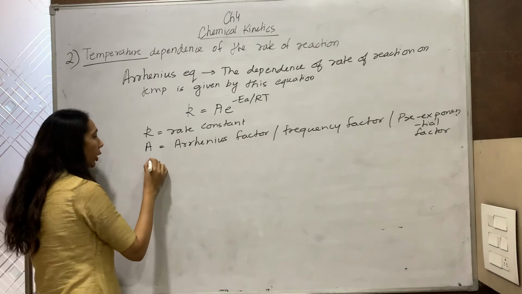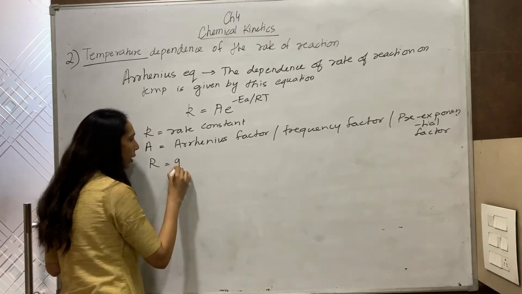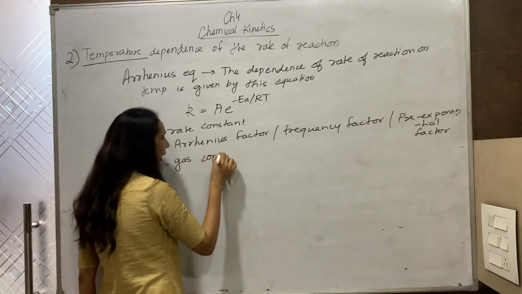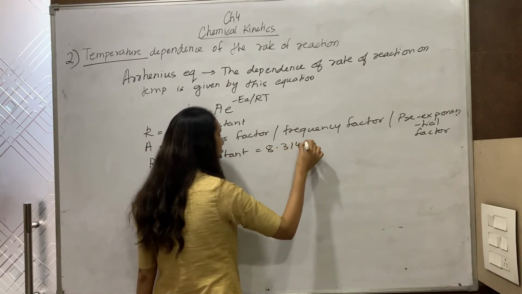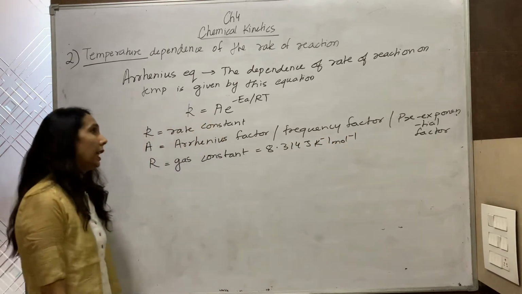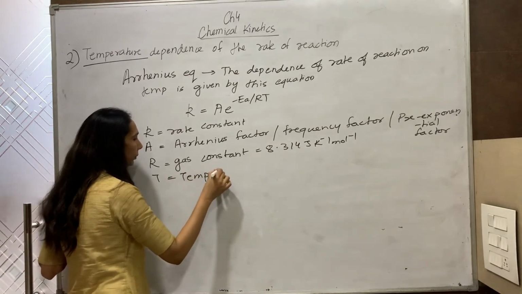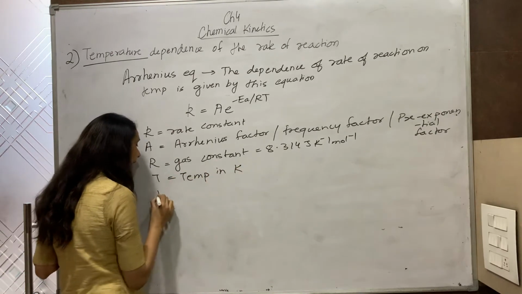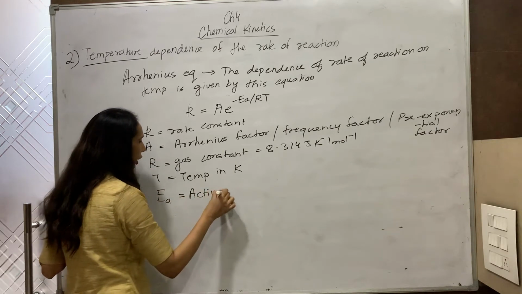R is the universal gas constant. You know the gas constant in SI units has the value 8.314 joule per Kelvin. T is the temperature in Kelvin, and EA is the activation energy.